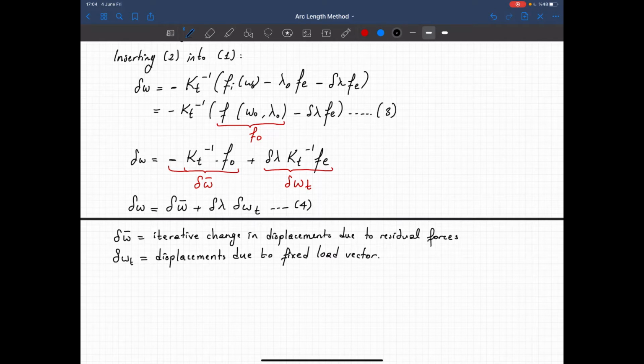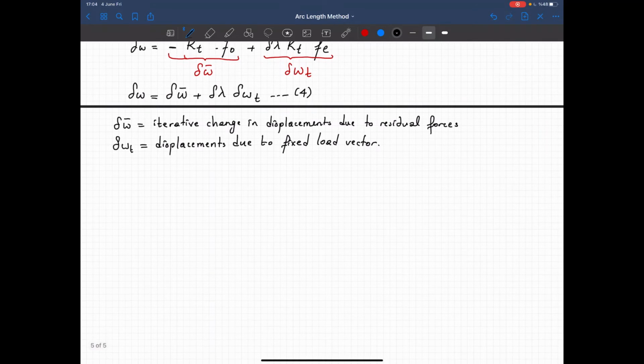Here I'm doing all these formulations for a single degree of freedom system. So the only unknown in equation 4 is the iterative change in the load scale parameter.